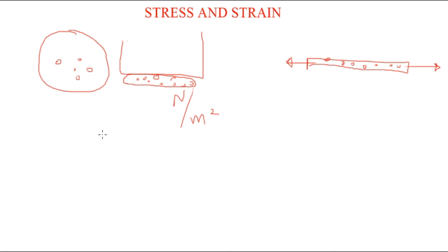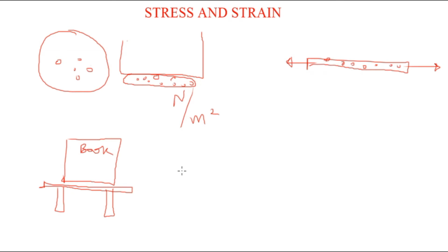Now suppose that we have a book on a table that looks like this. Okay, this is a book. It's on a table. And on this table, we assume that this book is without stress.